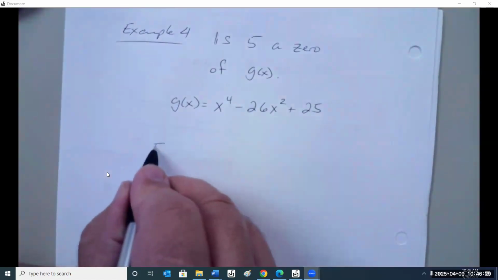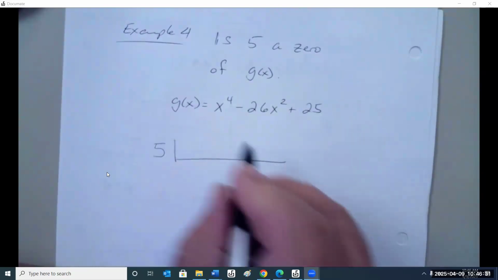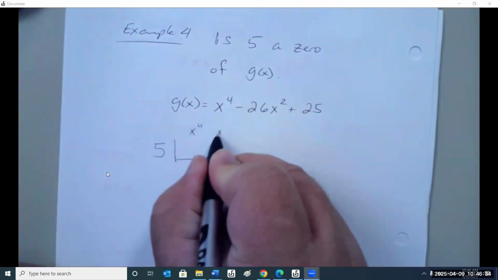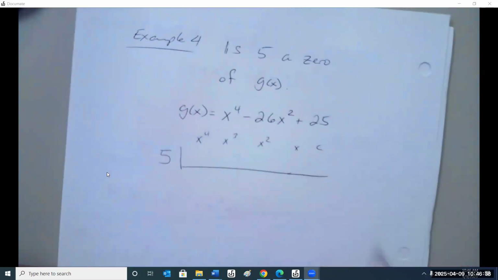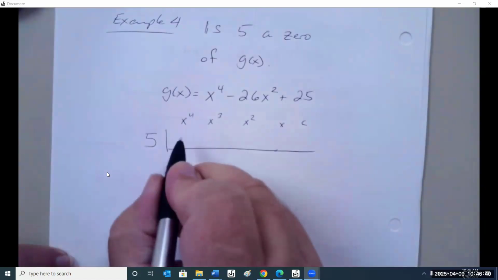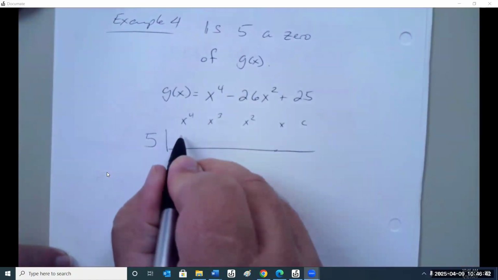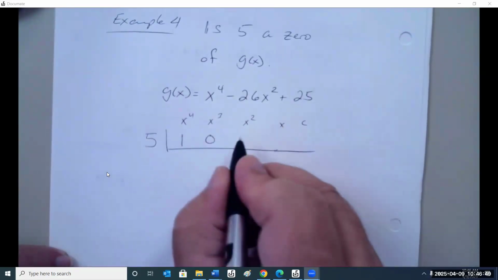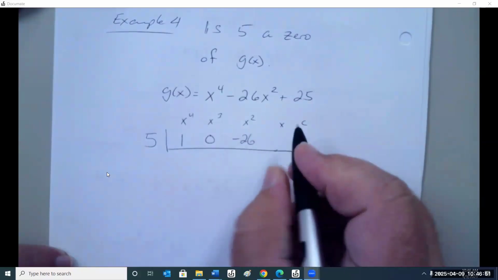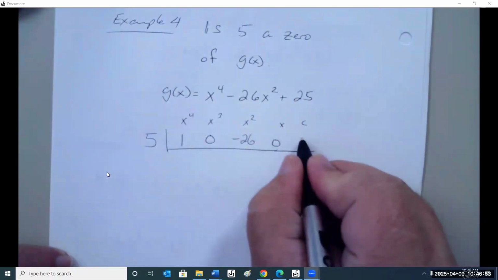So we set it up: x to the fourth, x cubed, x squared, x and constant. X to the fourth coefficient is 1. There is no x to the third. Negative 26. There is no x and 25.